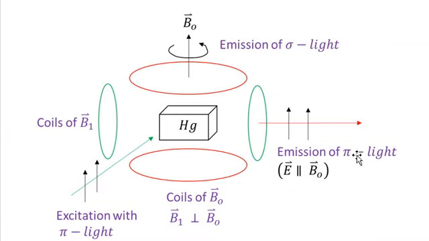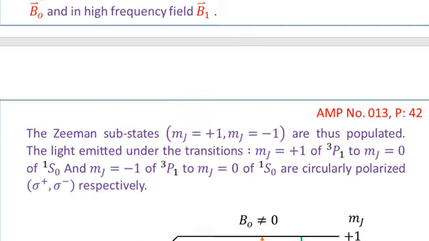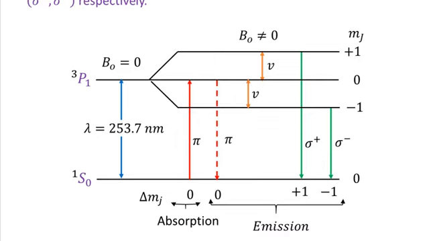That is, the pi light has an electric field parallel to the applied magnetic field B naught. So I have excited the mj equal to 0 level of the upper state.